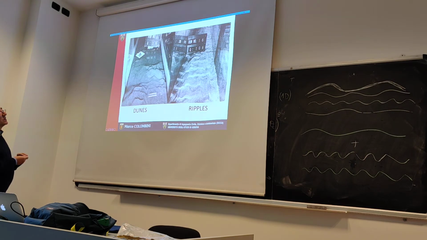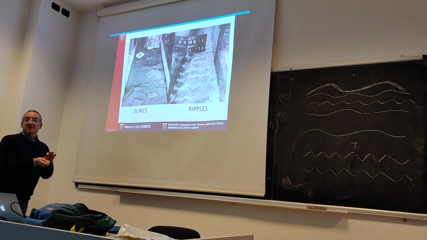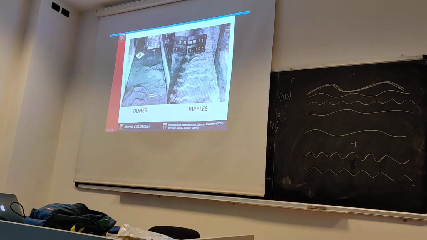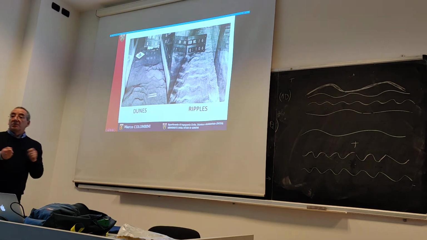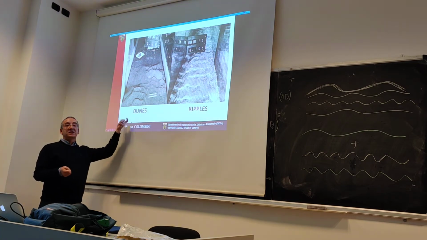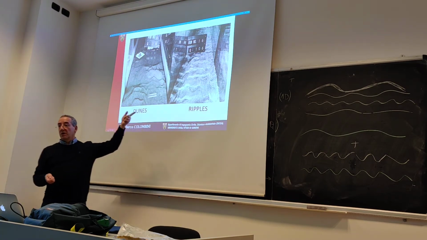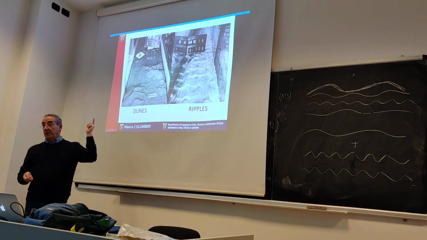Dunes and ripples, we will go on this a little later, are two kinds of longitudinal bed forms. Okay, so bed forms that are periodic in the longitudinal direction, quite similar one to the other, controlled by different parameters. So this is an example of what I was saying at the beginning. Depending on how you build up your model, then you will be able to see dunes or ripple or both.